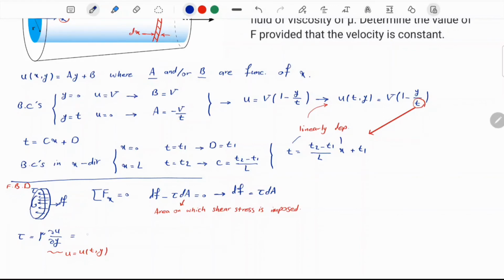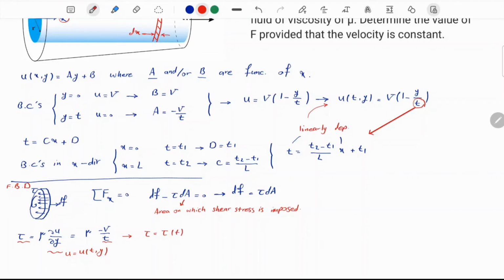From this, we conclude that tau equals mu del u by del y, which is minus capital V over t. As you can see, tau here is a function of t. It's not constant anymore. Tau equals tau of t.